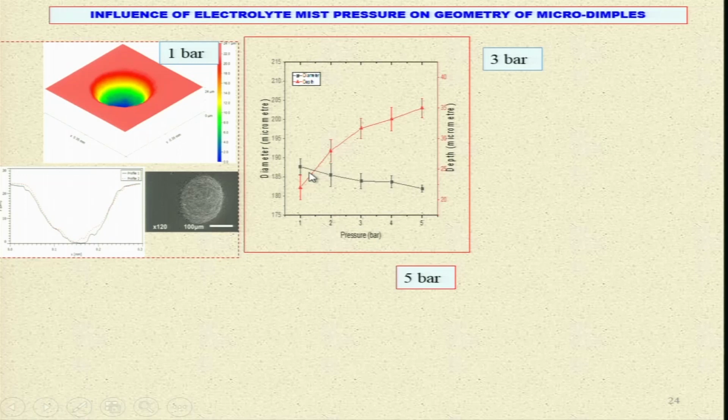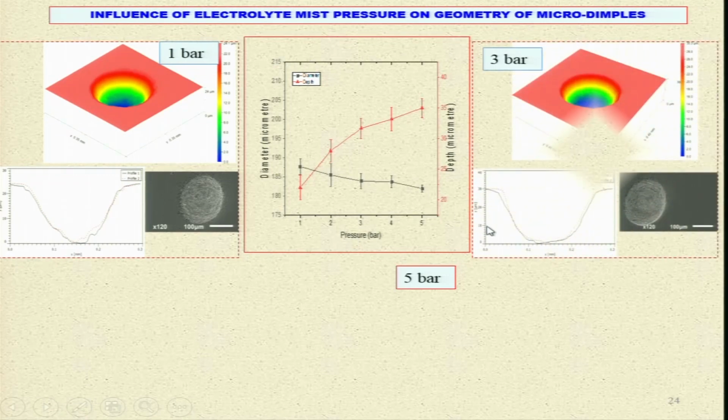Here the diameter is almost constant, and depth is increasing with pressure. This is 3 bar pressure, and you can compare this with the 1 bar one, which is not as neat and clean. At 3 bar, this is the profile, and you can see 1 and 2 there.